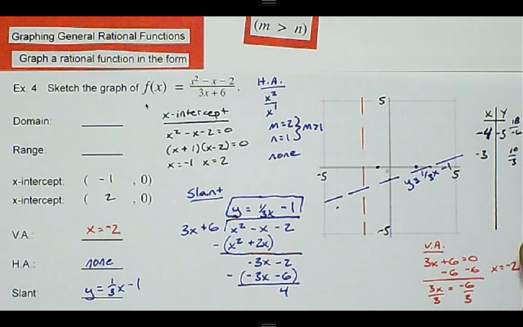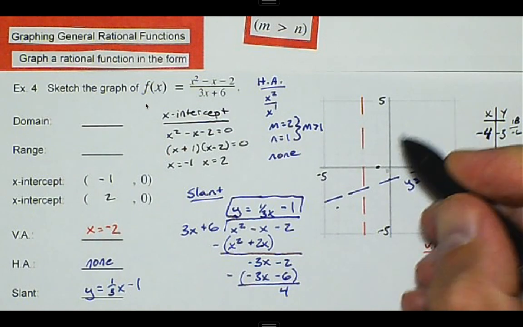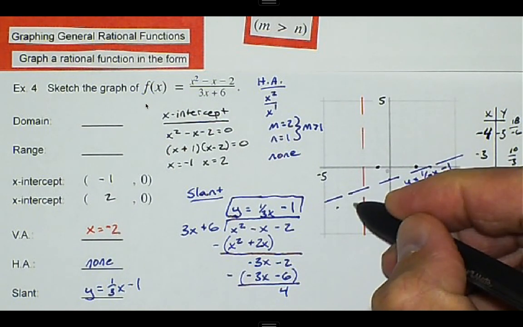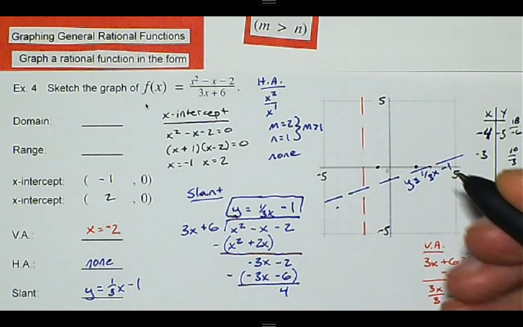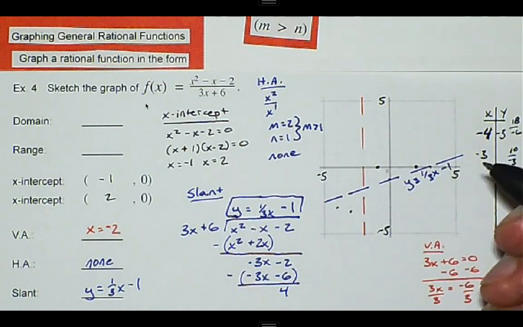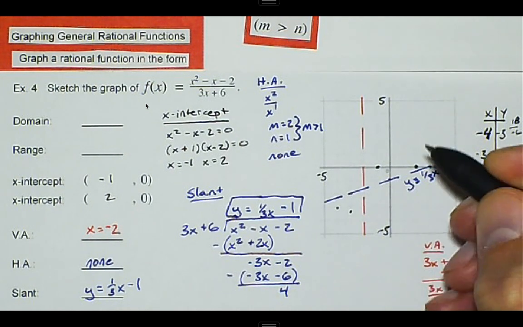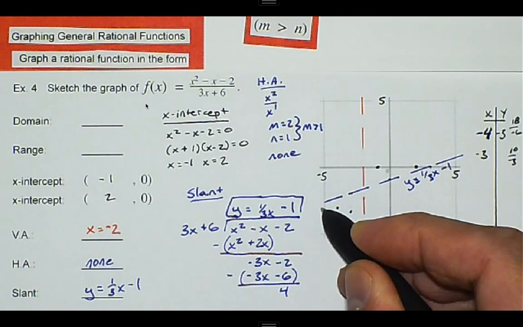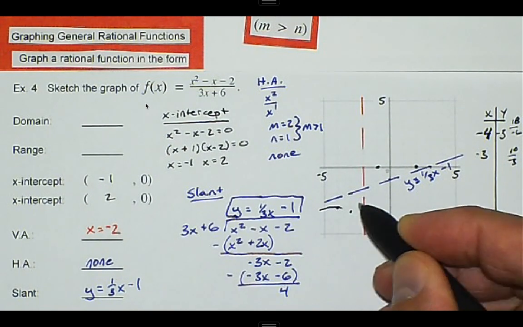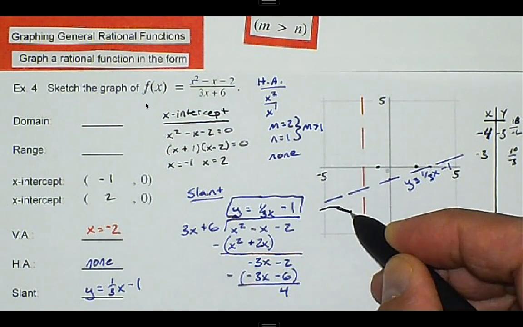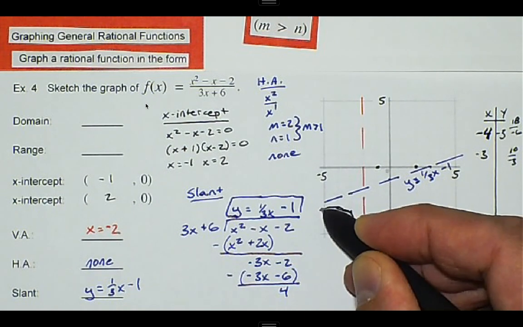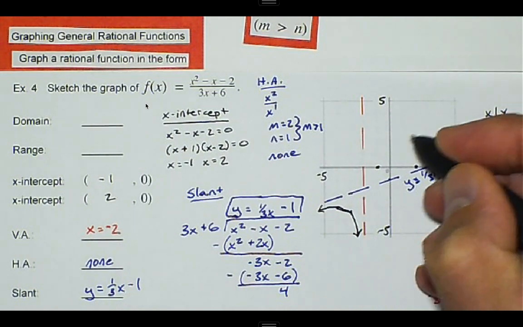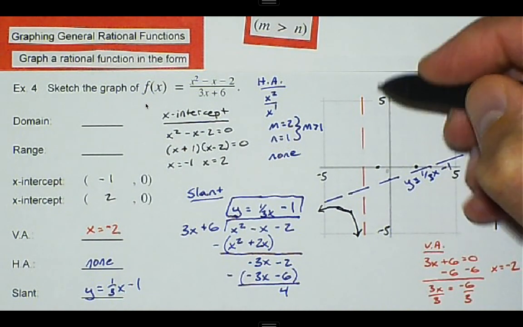So that becomes negative 3 1/3. So it's a little bit further past. And now we have a pretty good graph to get some idea of what it looks like. So we have the points over here that don't cross. And then down here we have these points as well.